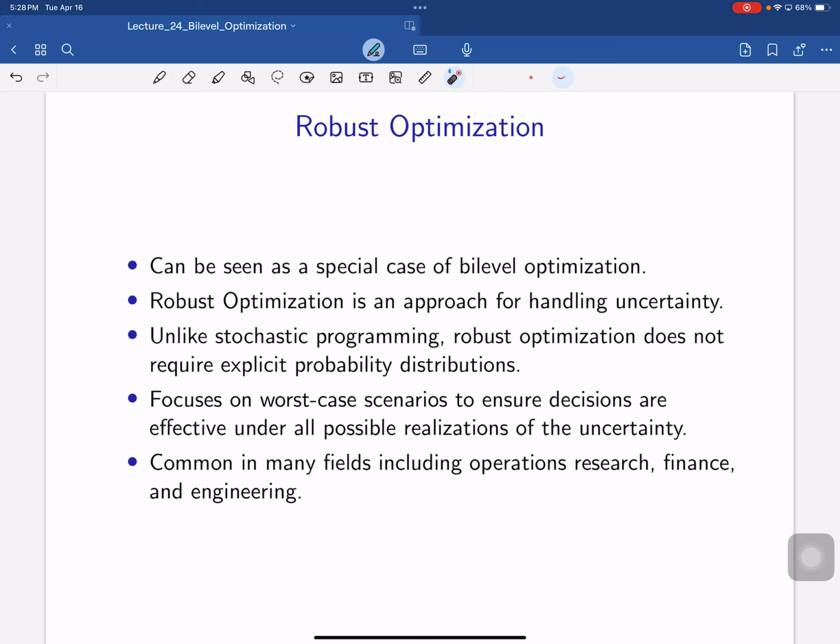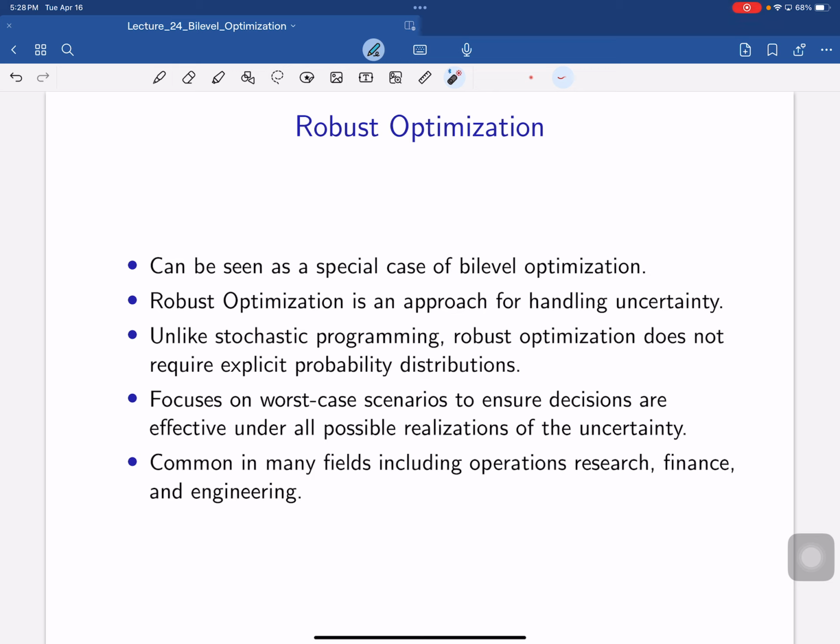I'm optimizing for the worst-case scenario. Okay, yeah. So this is commonly used in some areas as well, where if you are very conservative in decision making, you can use robust optimization. Actually, you can use those philosophies in your life decisions as well, whether you are a risk-neutral person or you are a risk-averse person, right?